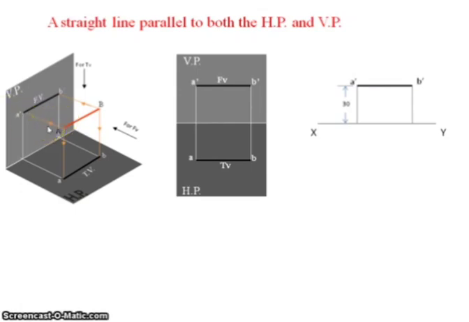Here I am taking 35 mm. So the straight line AB is 35 mm in front of the vertical plane. So in top view you can see the true length of the straight line at a distance of 35 mm from the XY reference line.